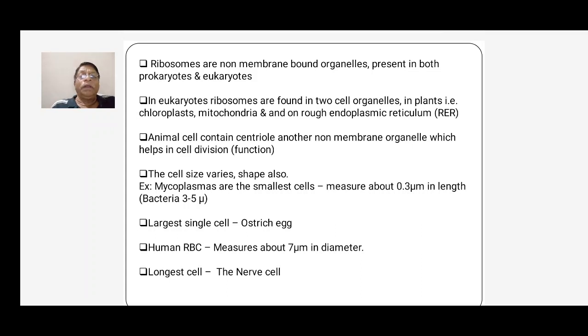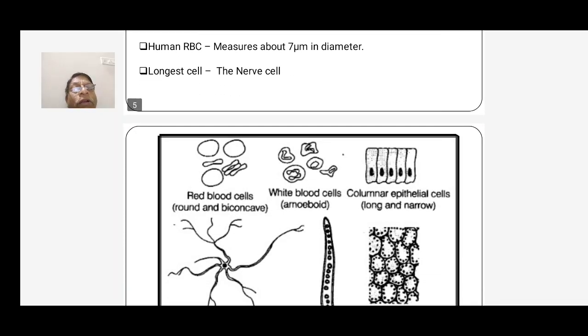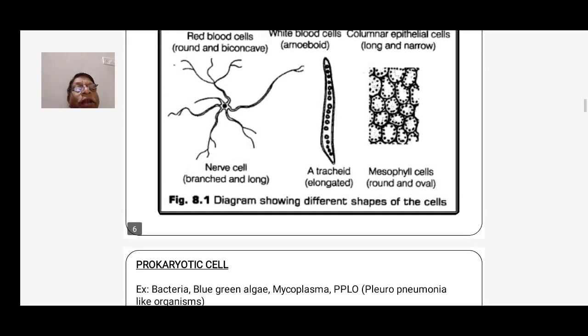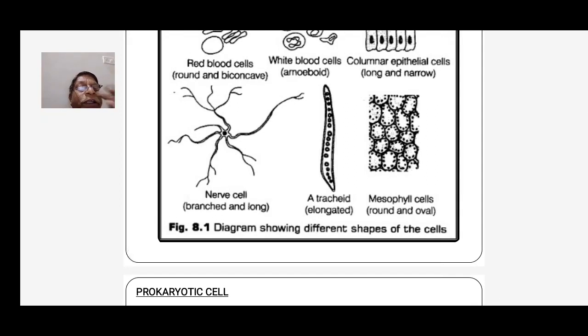Now, coming to the size, shape of the cell, this cell size varies. Even the shape of the cell also varies. So there is a diagram showing different shapes of the cells. You can see red blood cells. You can see white blood cells. You can see some epithelial cells.